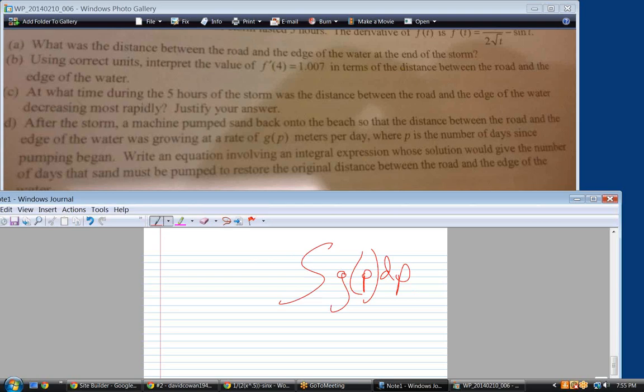And like you said, we know the amount of distance that was lost in the 5 hours of the storm. So whatever that number was has to equal the integral of this from 0 to x, or 0 to p.